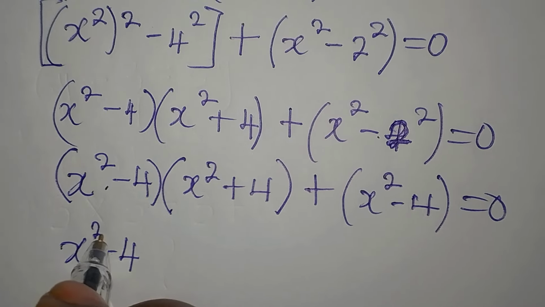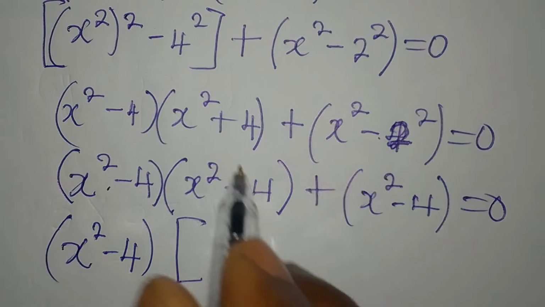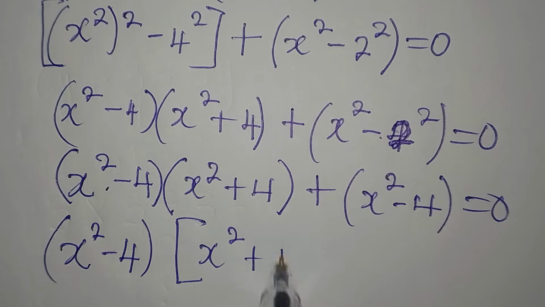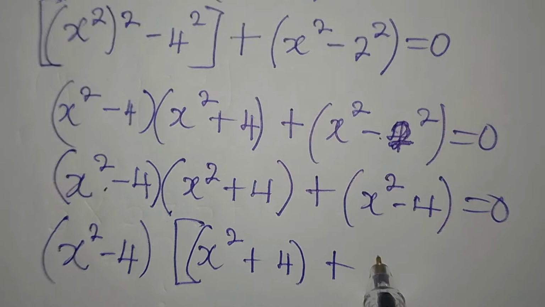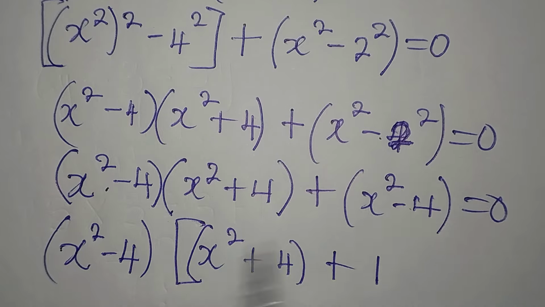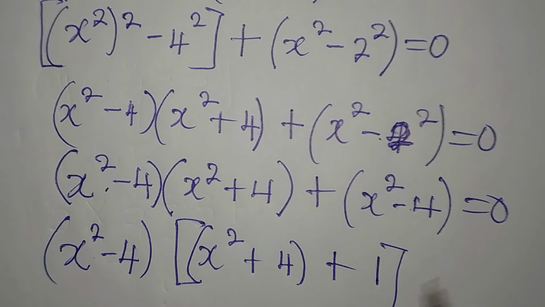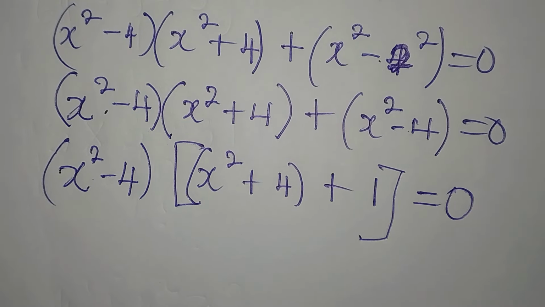We have x squared minus 4 as the common factor. Then what is left here is x squared plus 4, then plus the whole of this will now be 1 because this divided by this is 1. Close it with your square bracket and equate to 0.